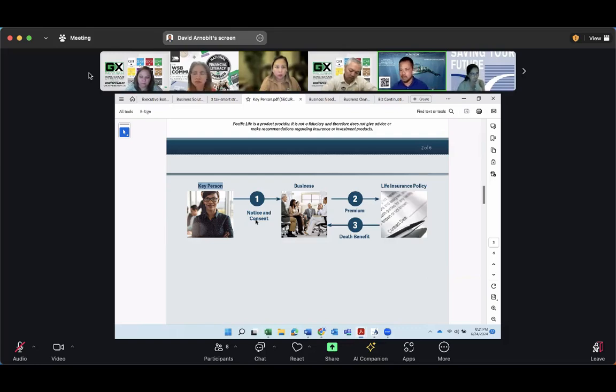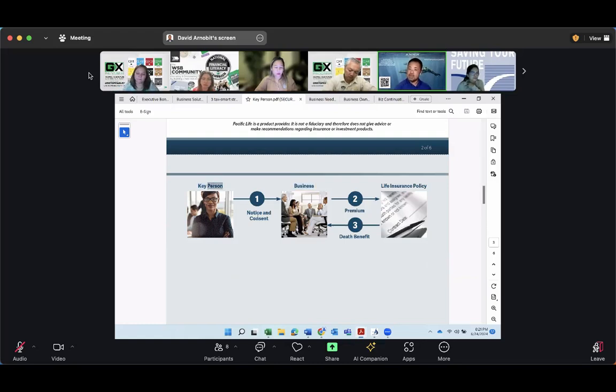So I'm going to take a second plan out, and it's still going to be focused on his life. The difference here is that my business, David Arnobit, Inc., is going to own it, and therefore David Arnobit, Inc. is also going to be the beneficiary of this plan. So I have access to the cash value. I have access to the protection aspect in case he dies.